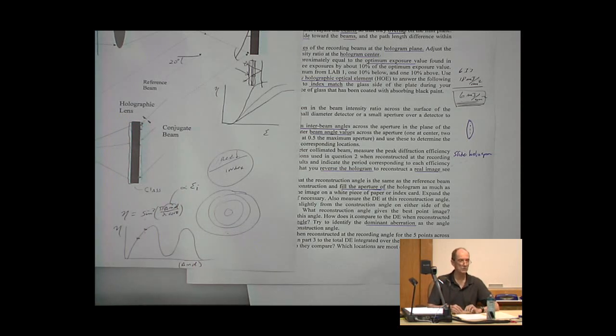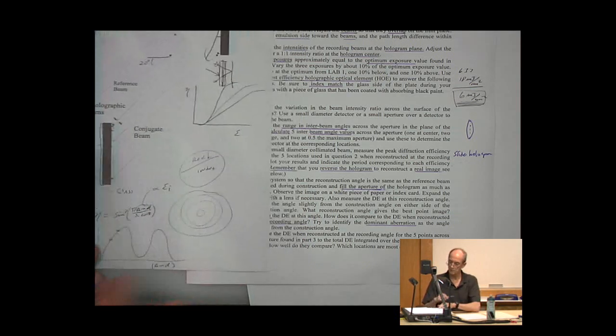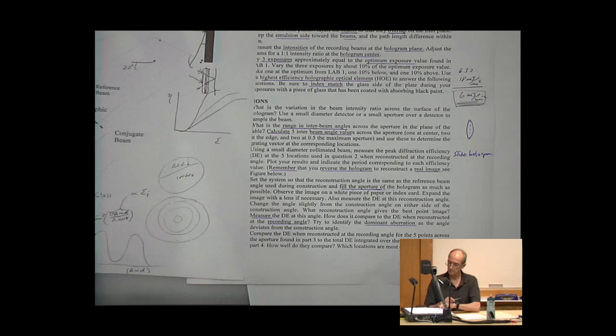We're going to talk about those shortly, probably next lecture. I don't think we'll get to it today, but very shortly we'll talk about some aberrations, and we'll see how sensitive the hologram is to different changes, both spatially and spectrally, in the reconstruction process. So I want you to get a little feel for that.